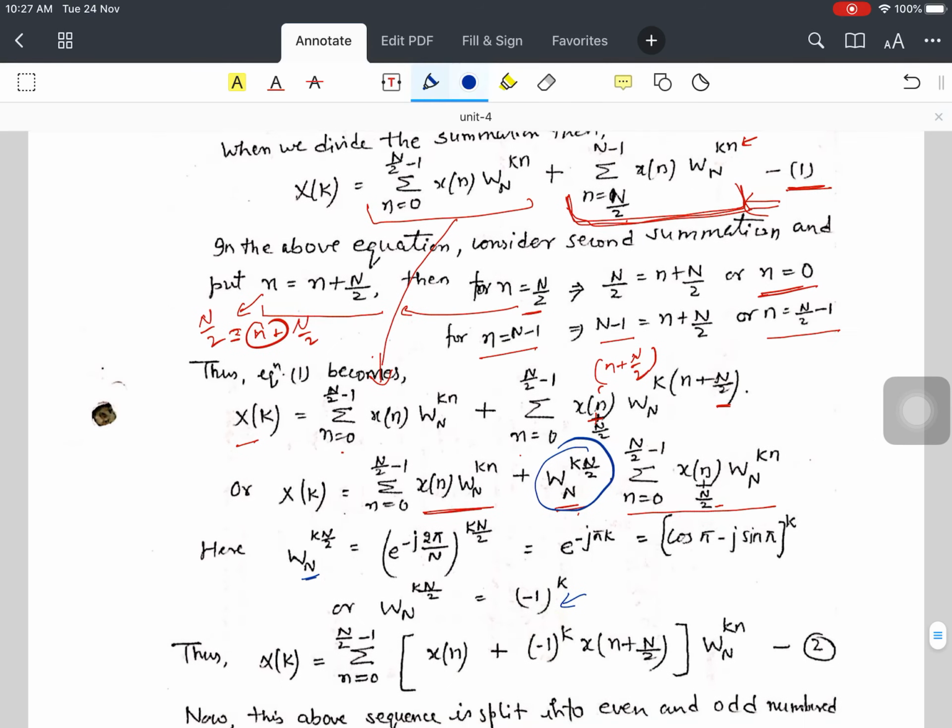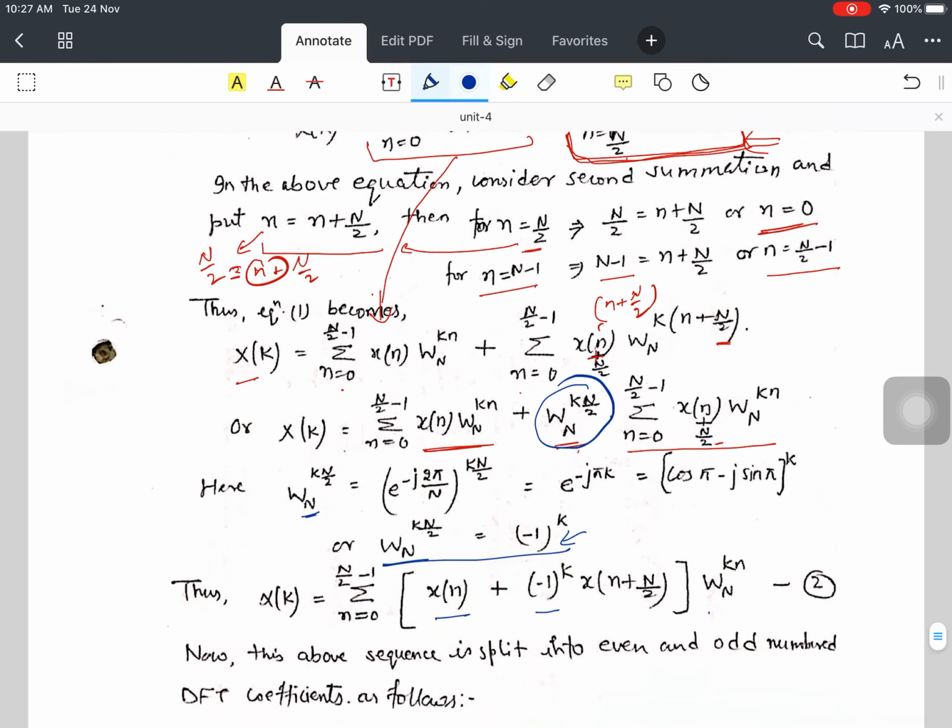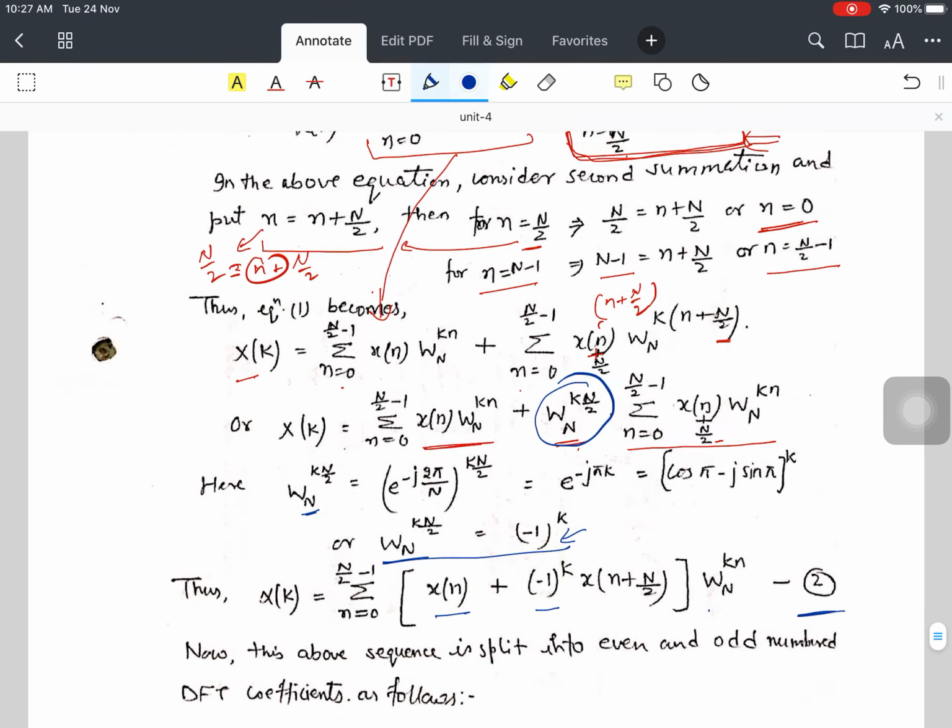So, W_N^(kN/2) is minus 1 to the power k. Put this value and we get the final X(k) equal to the summation of n equal to 0 to N/2 minus 1 of [x(n) plus minus 1 to the power k x(n plus N/2)] W_N^(nk). This is equation number 2.